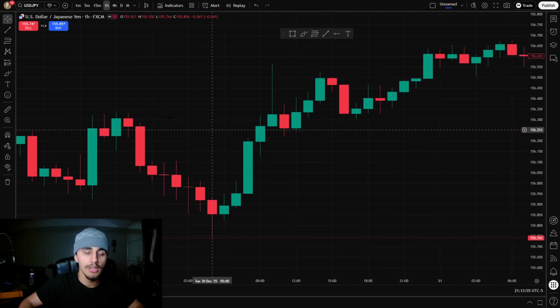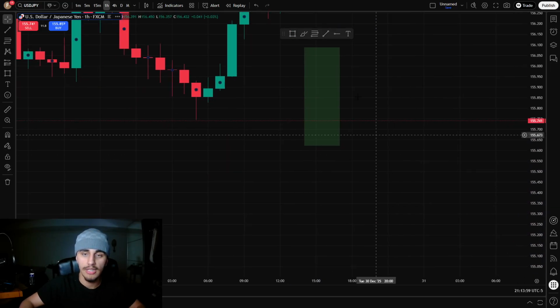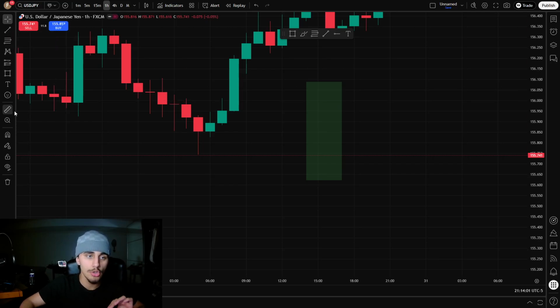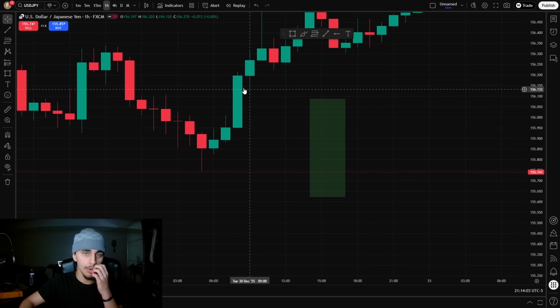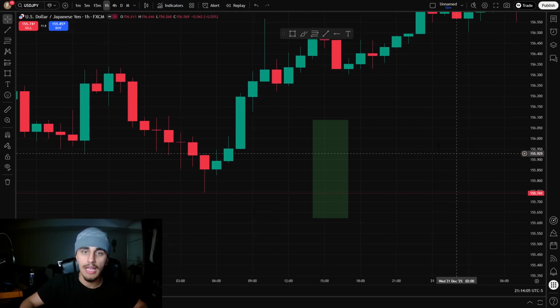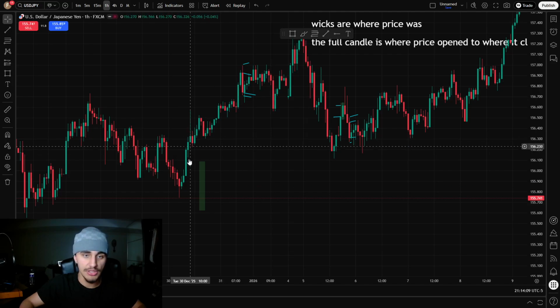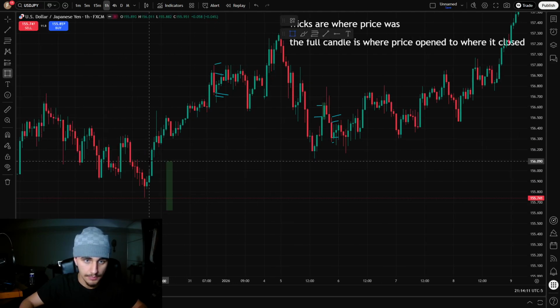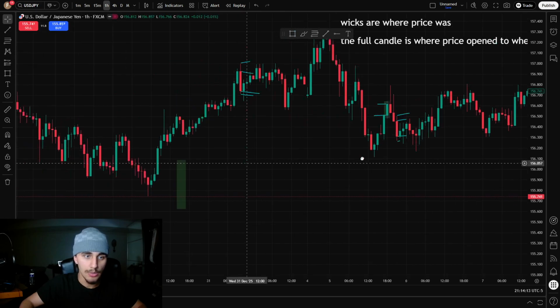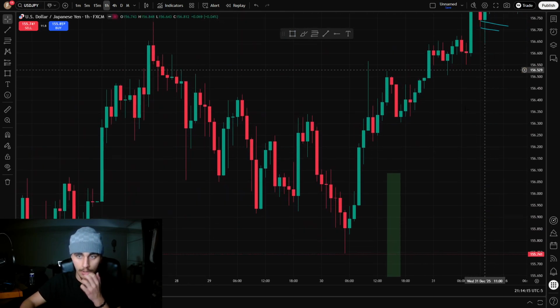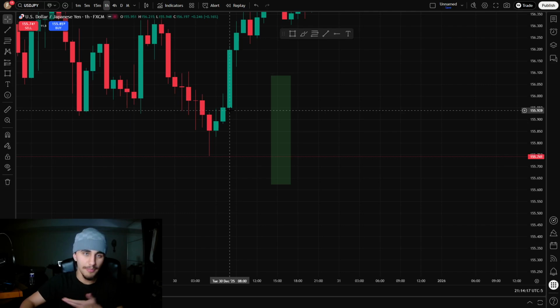Now, you'll often see two types. This is a very strong movement. If it has no wicks, or like this one has a small wick above, what this tells you is that it's a very strong movement. Since it was incredibly strong, it had barely a wick down.